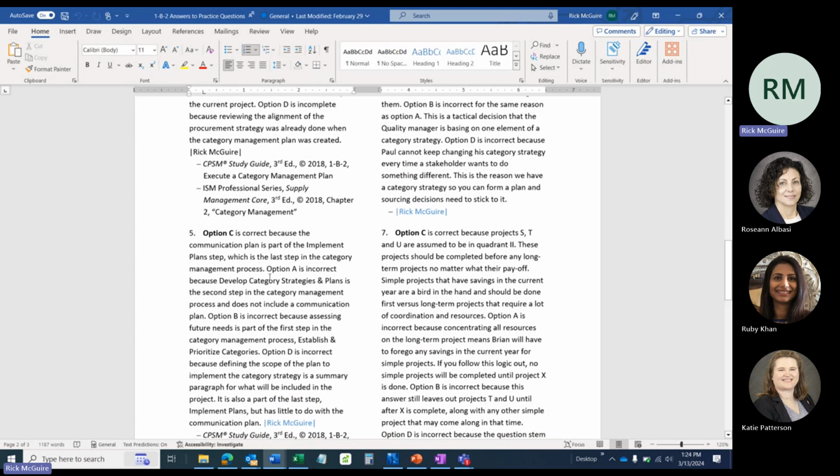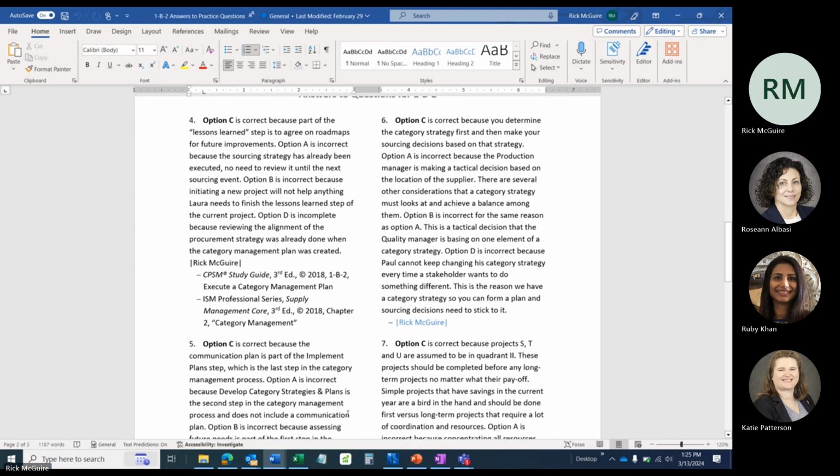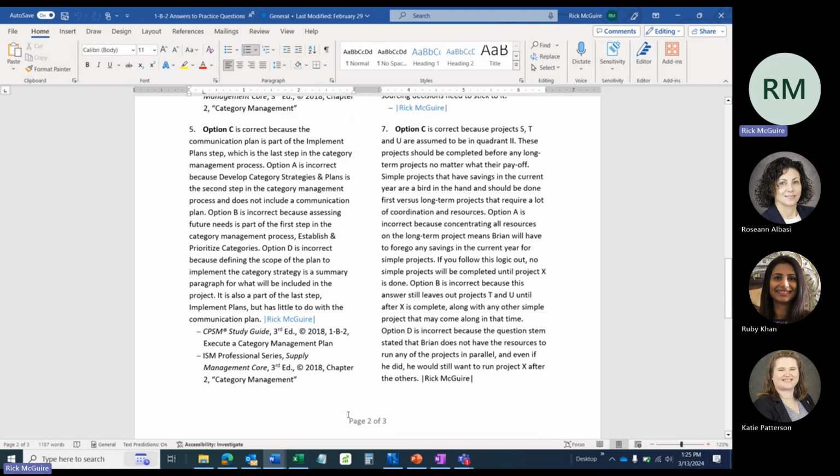That's the 4-step process. Six is Charlie. Also determine the category strategy first and then make your sourcing decisions based on that strategy. And 7 is also Charlie. Projects S, T, and U are assumed to be in quadrant 2, which is low-hanging fruit, I think.